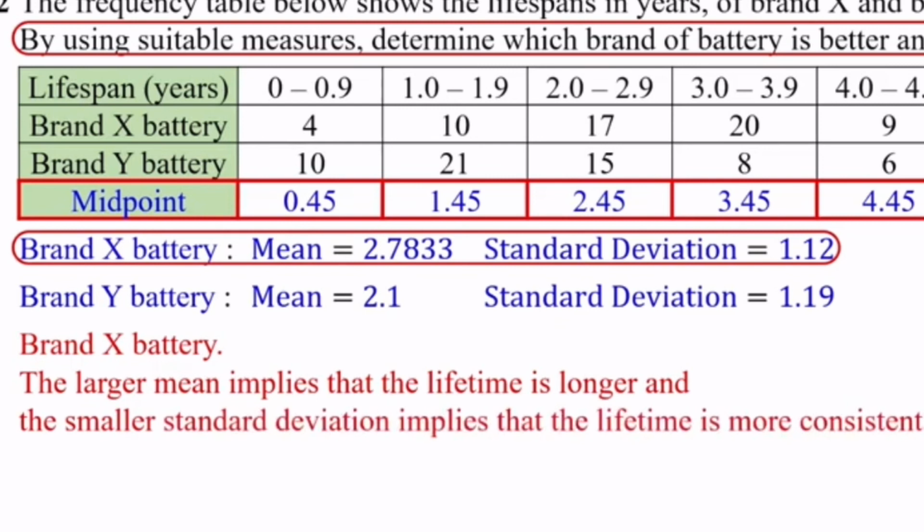So it seems like brand X has a bigger mean, 2.7833, and a smaller standard deviation, which is 1.12.